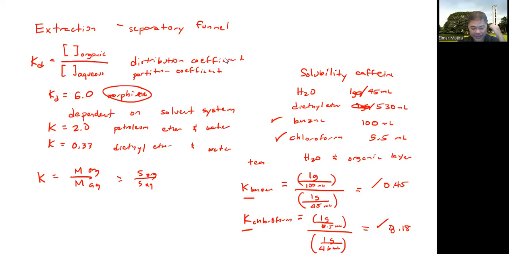Toxicity. Chloroform is usually carcinogenic and it's not the best option despite its high solvation ability. So this is just telling you the information that you can get given the solubility of a particular substance.